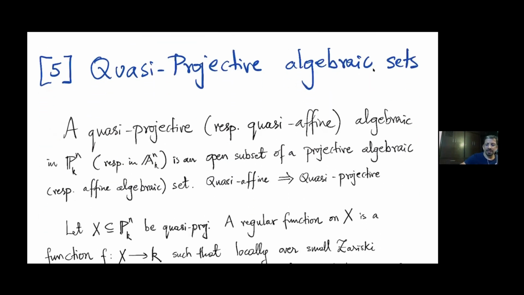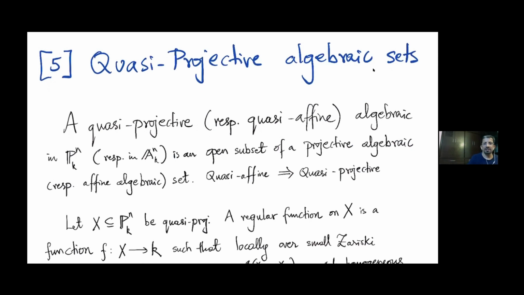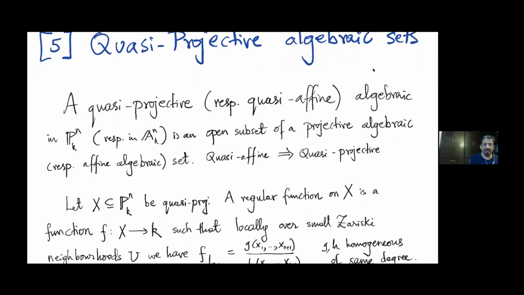Okay, so here is the next topic, which is quasi-projective algebraic sets. This is slightly more general in the sense that a quasi-projective algebraic set or a quasi-affine algebraic set, which is in fact a special case of quasi-projective, as you'll see, lives in P^n K. So quasi-projective is an open subset of a projective algebraic set.